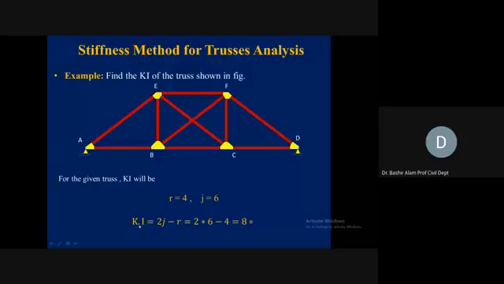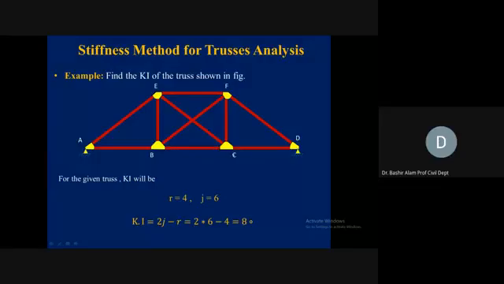Equation we discussed, kinematic indeterminacy is equal to 2J minus R. So 2 times joints, which are 6, minus number of reactions, which are 4. So this is an 8 degrees kinematically indeterminate structure. And where are those 8 degrees? 2 we have at joint B, horizontal and vertical displacement.